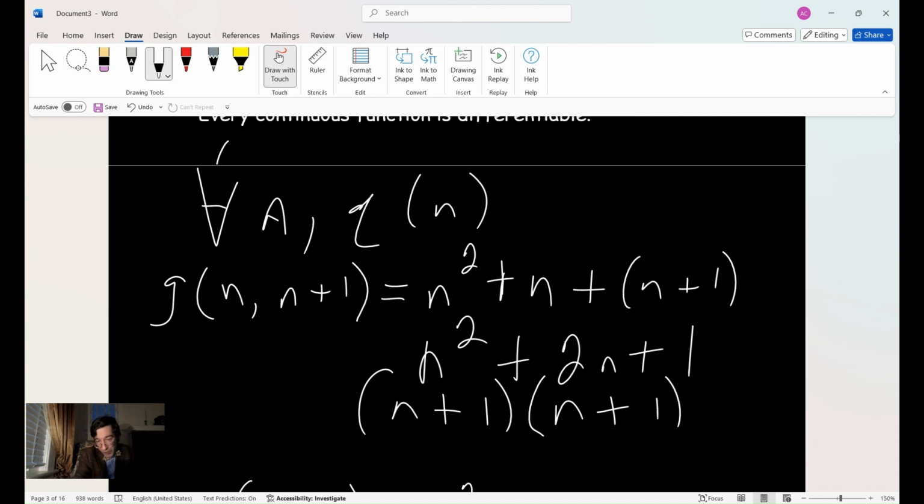And you can also simplify the writing of this. It's just really n plus 1 squared. The proof is complete. And this is deductive reasoning at its finest.